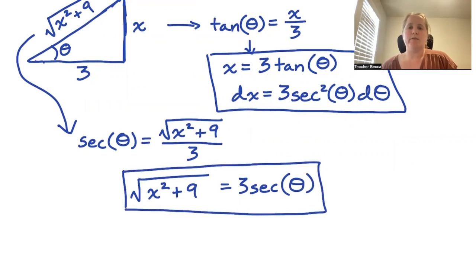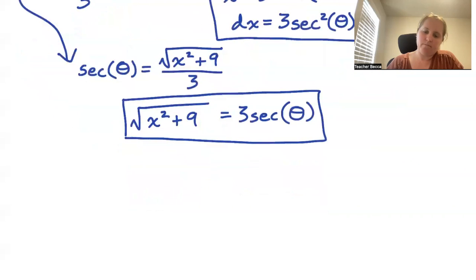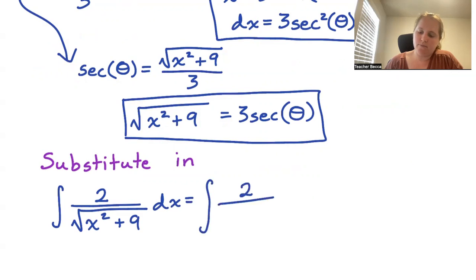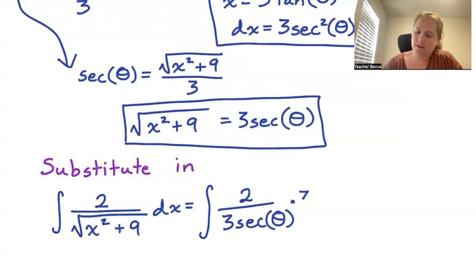So if we perform our substitution, so if we substitute in, we have that the integral of 2 over the square root of x squared plus 9 dx would be equal to the integral of 2 over 3 secant theta, and then dx was 3 secant squared theta d theta.